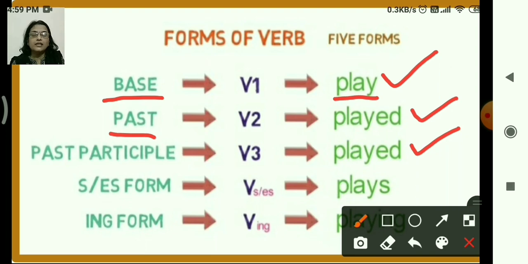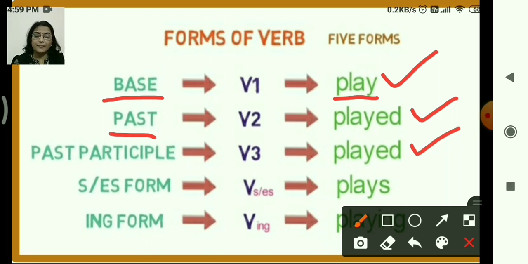Then we have the next form, S or ES form. Now what is that? We simply add s or es to that particular verb, the present tense of that word most of the time. So for play we add plays. Followed? In the same way, go, goes.